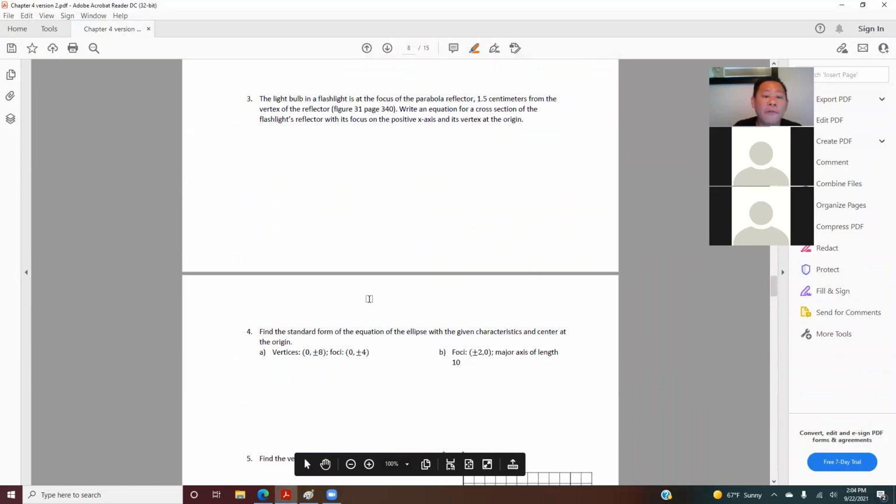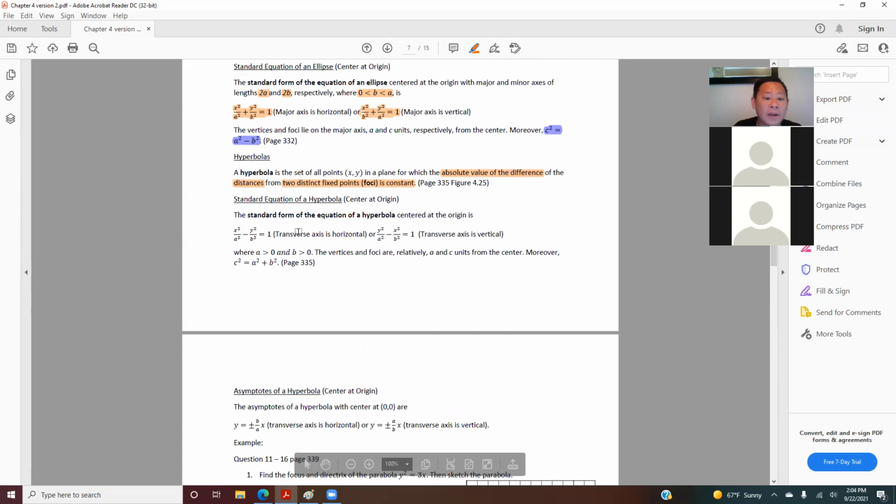The equation of a hyperbola is given by x squared over a squared minus y squared over b squared equals 1, or y squared over a squared minus x squared over b squared equals 1.